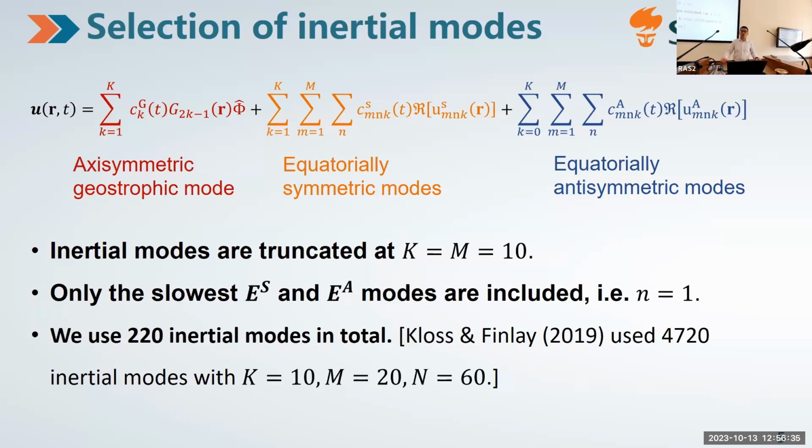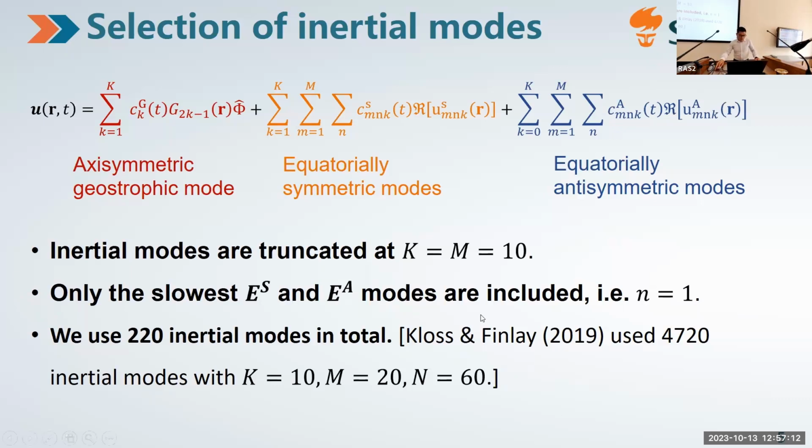One is the criterion for the selection of the inertial modes. Each inertial mode can be labeled by m, n, k. m is the azimuthal wave number, n is the axial wave number along the rotation axis, and k is, roughly speaking, the wave number in the cylindrical radius direction. Here we truncate k at 10, and we only take n equals 1. That's basically choosing the slowest inertial modes, which are quasi-geostrophic modes.